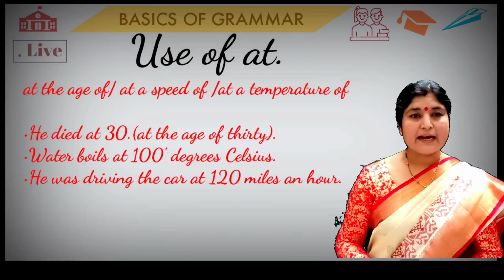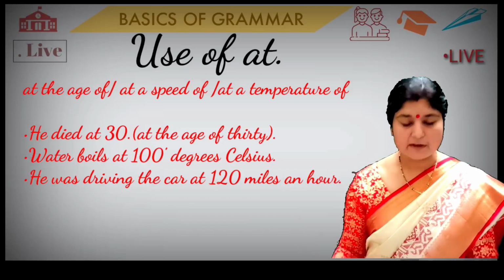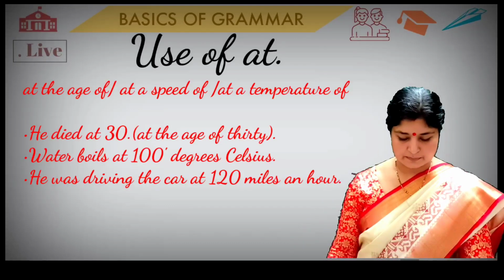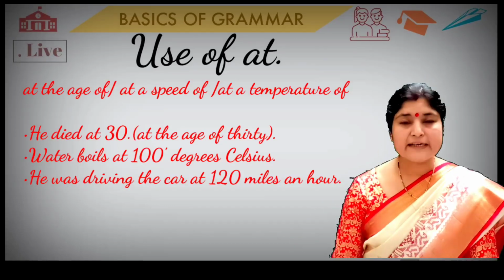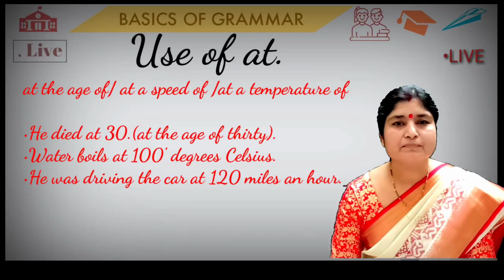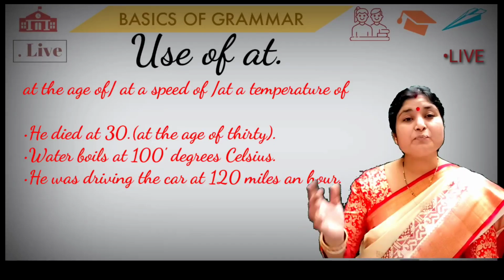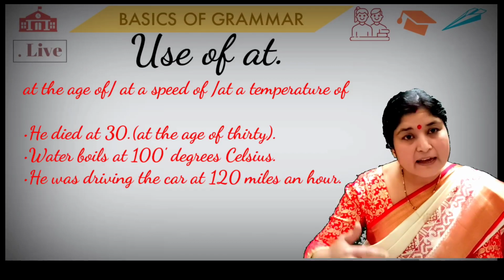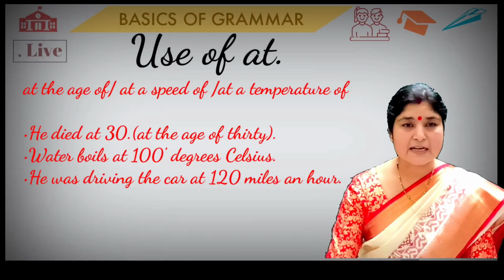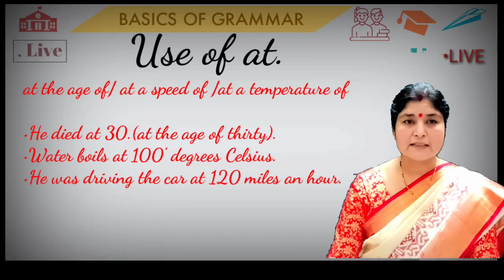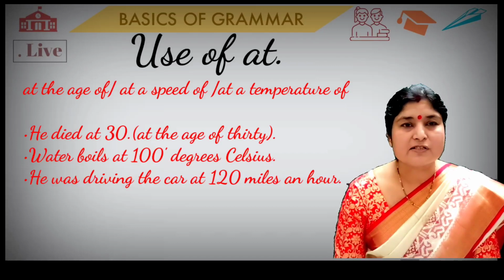So we say at the age of, at a speed of or at a temperature of. For example, he died at 30. He died at 30 means he died at the age of 30. For example, water boils at 100 degrees Celsius.